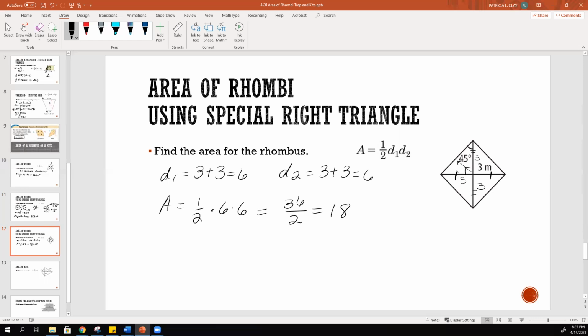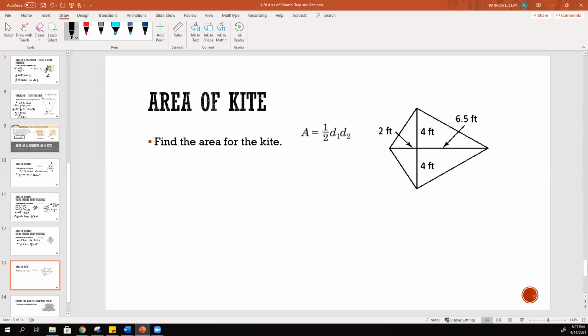All right. Now let's work on a kite problem. Okay, so we got the area of the kite. That's what we need to find this time. Okay, so look, these two are congruent. So we use the same formula. So we're going to call this one diagonal 1. So diagonal 1 is going to equal 4 plus 4, which is going to be 8.